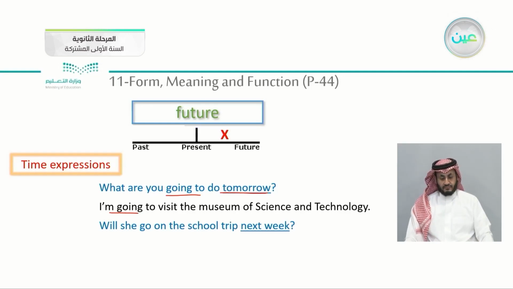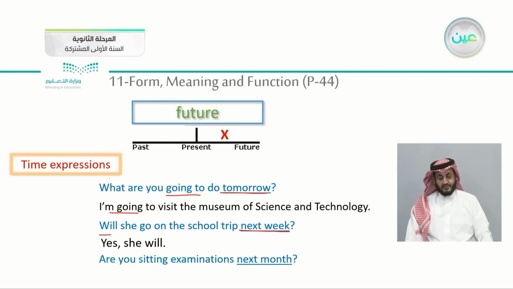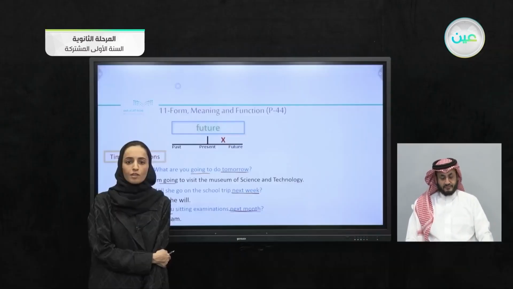Will she go on a school trip next week? This is our time expression, and we have used will. Yes, she will. Are you setting examinations next month? Next month, this is the time expression. And yes, I am. Here, notice, are you? We have used the present progressive for the future.